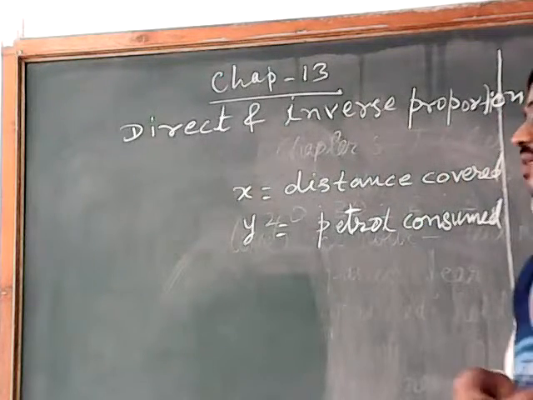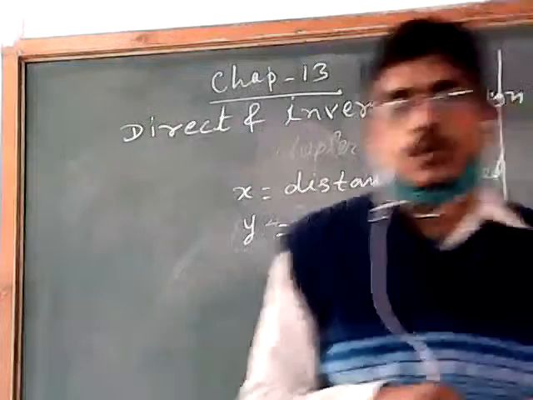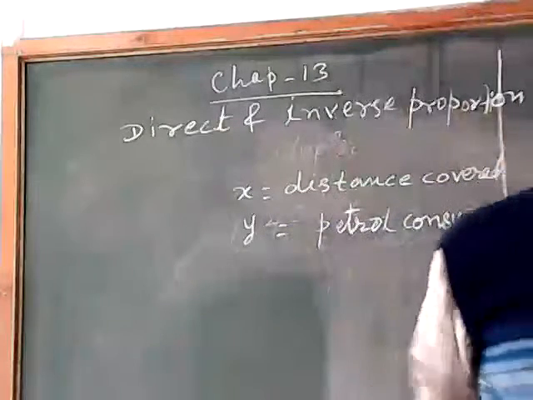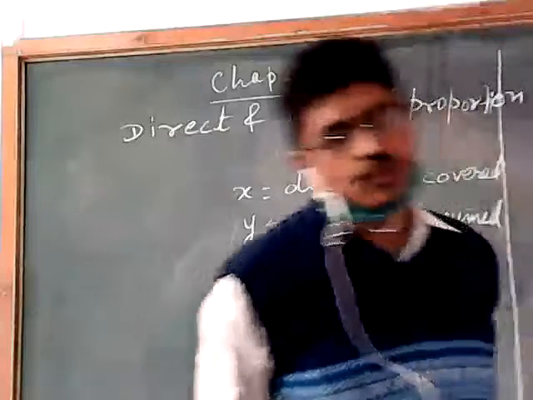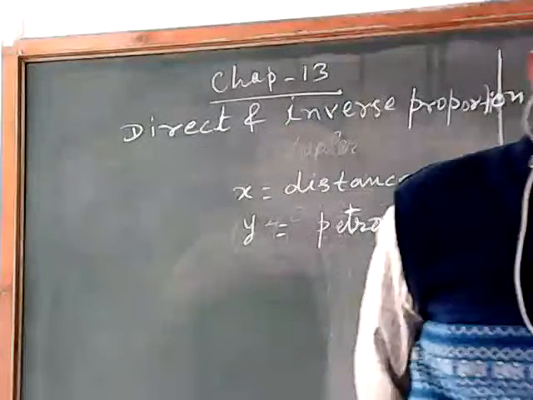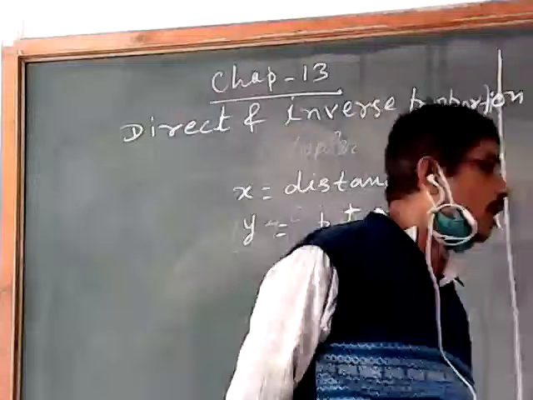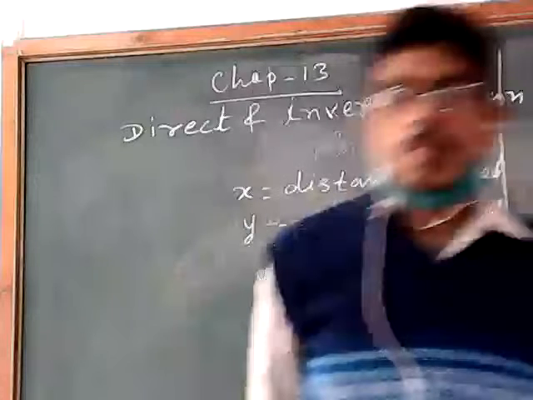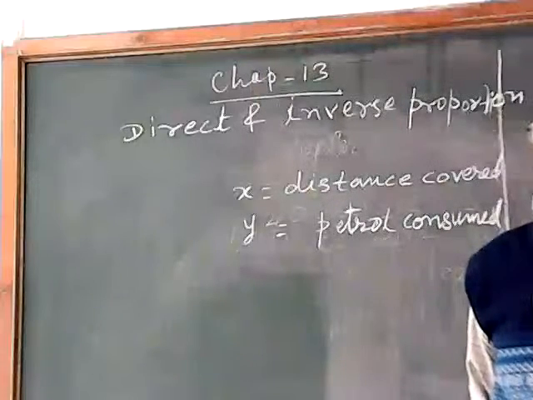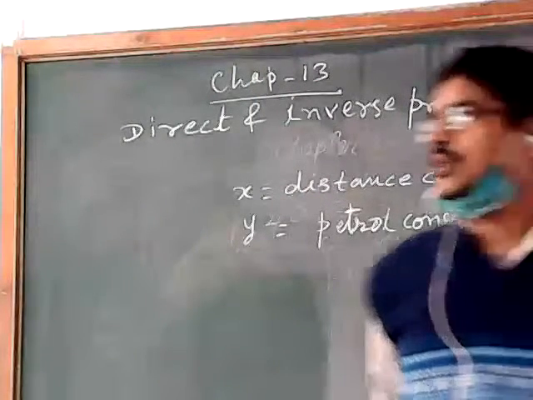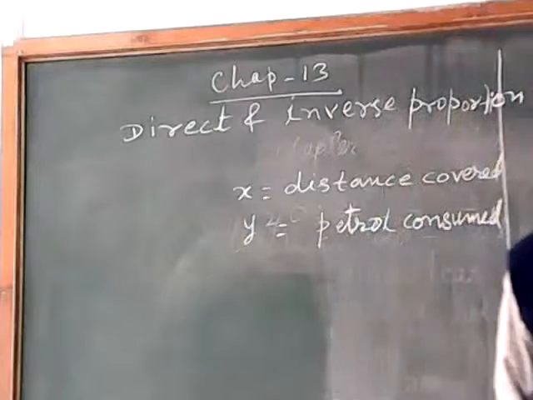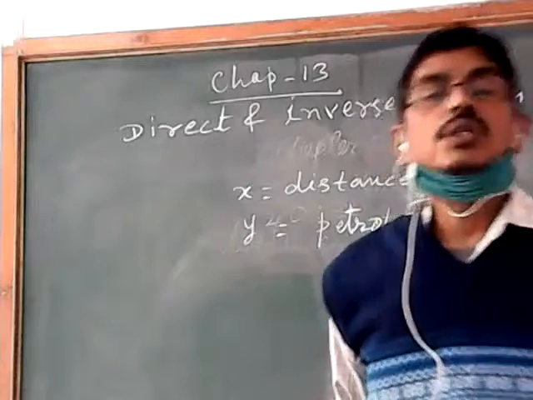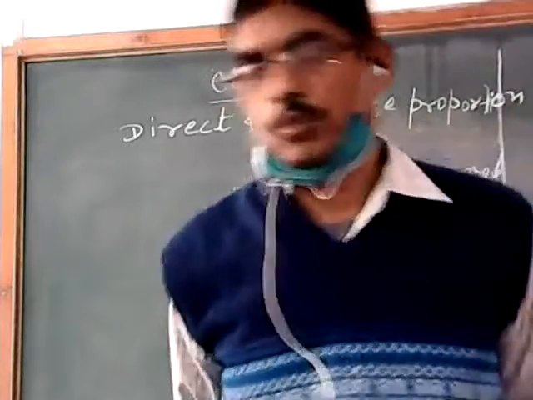So, students, the meaning of direct proportion is: if there are two variables in which, when one increases, the other also increases, and when one decreases, the other also decreases, then this relation of two variables with a constant ratio is called direct proportion.